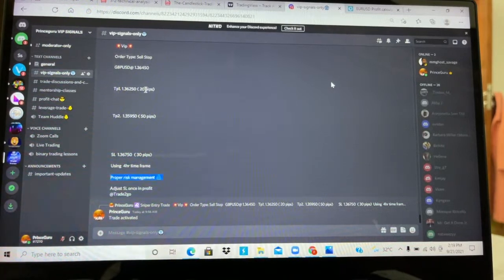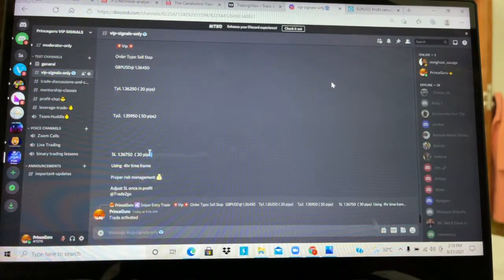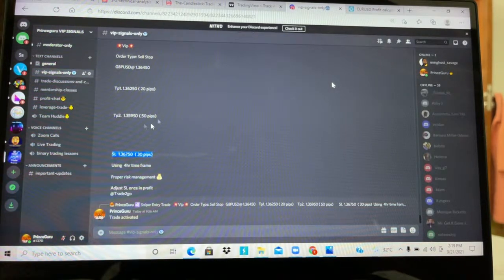As you can see, we have 20 pips for position 1, position 2, we have 50 pips, and we're only risking 30 pips to make all of this. So that means whenever we take a trade, we will be making at least 2 times what the loss would have been.